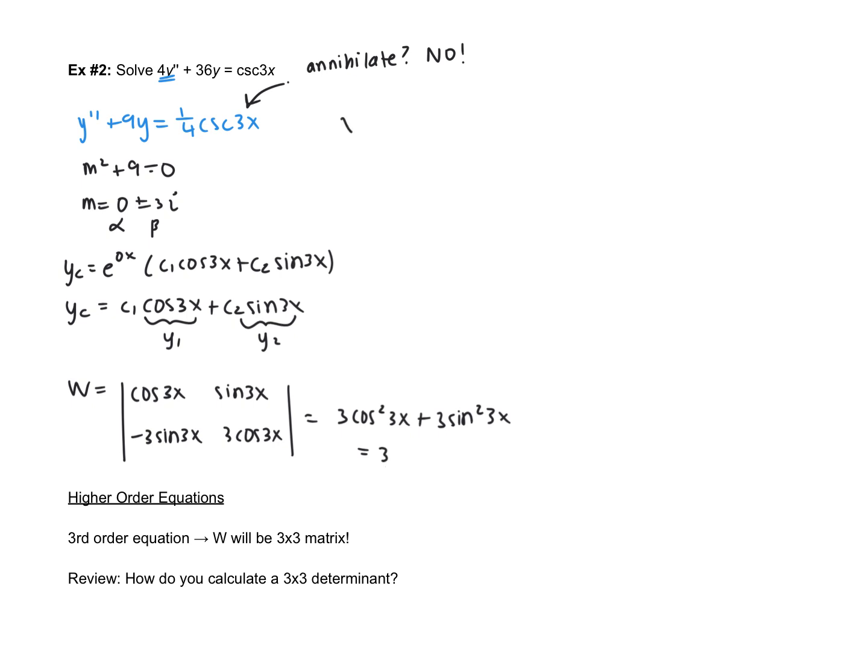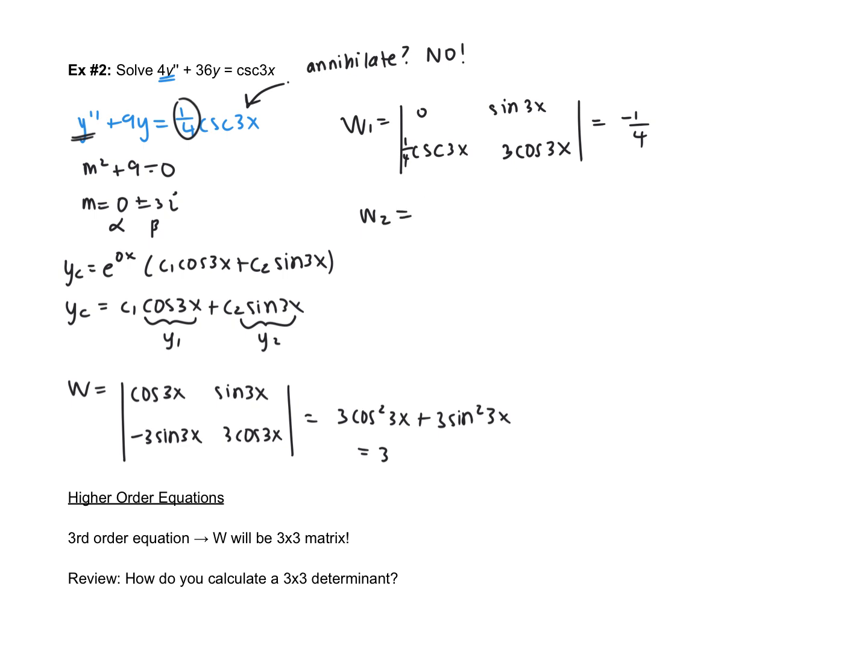If we find w1, we're going to replace that first column with 0 and cosecant of 3x. So then I have sine of 3x and 3 cosine of 3x. So that just ends up being, sorry, I forgot that 1/4. There's a 1/4 here. So that ends up being negative 1/4. And remember, there's a 1/4 because we need a lead coefficient of 1.